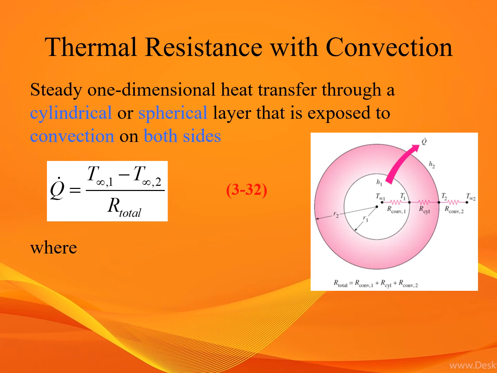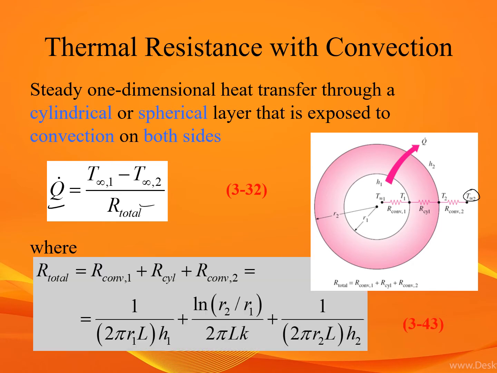So we use the same formula, which is Q equals T infinity 1 minus T infinity 2, where T infinity 1 is the temperature inside the cylindrical layer, and T infinity 2 the temperature of the outside surrounding, over R total.